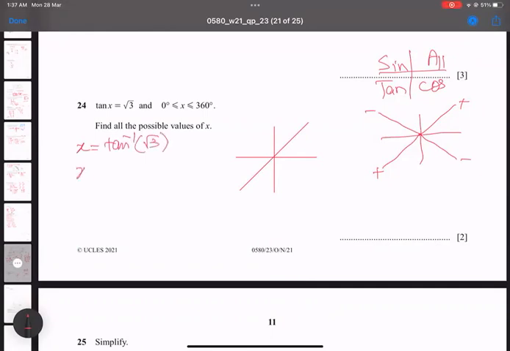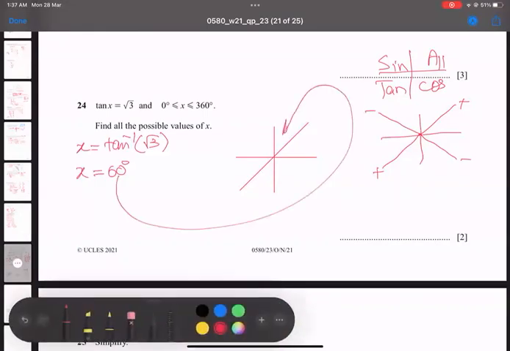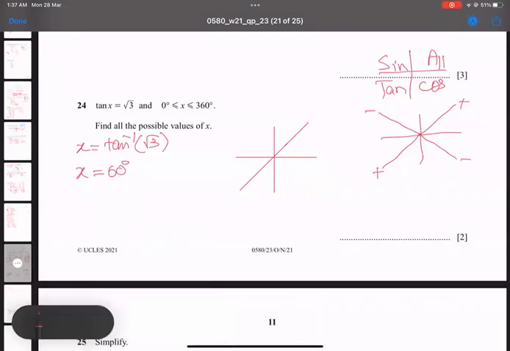And root 3 gives you 60 degrees by tan inverse. This 60 degrees you will not make with y and x wrong. You will always make it with the x-axis and the line. And what is the rule of measurement? Start from the positive x-axis and move anti-clockwise till the line.